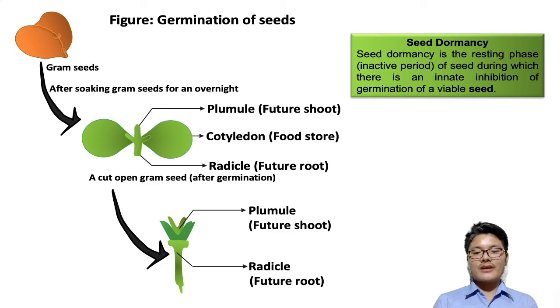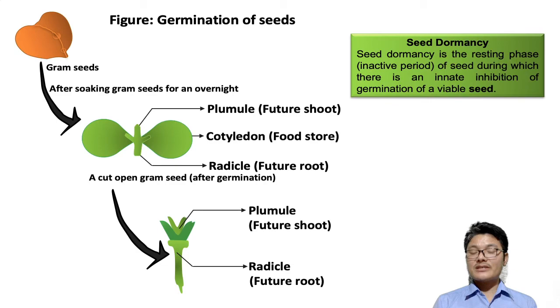The seeds will be trying to stop undergoing germination. So innate here refers to the seeds themselves. It is a genetic characteristic. It is a mechanism which is present within the seed.